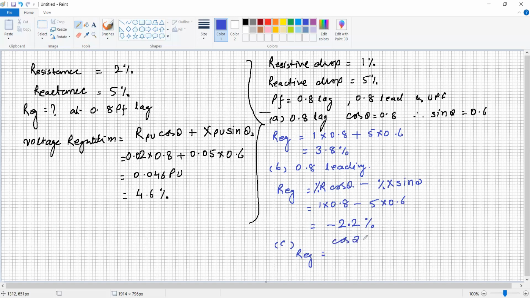Therefore, cos theta is equal to 1, whereas sin theta is equal to 0. Therefore, 1 into 1, so the voltage regulation is 1%.